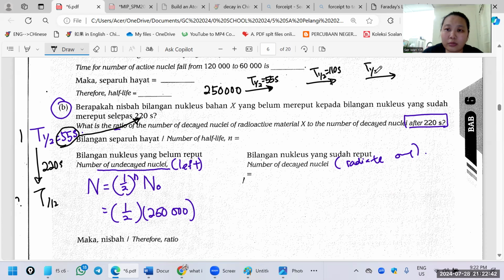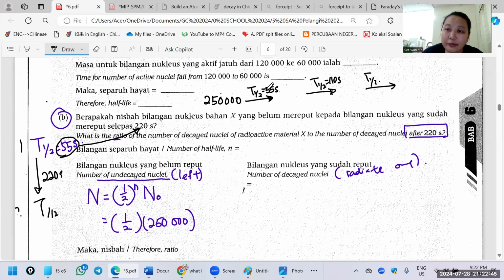Three half-lives would be 55 plus 55, 165. 4 is 220. You can see I got 4 arrows. Yeah, this is the series. I got 4 arrows means I got 4 half-lives. 55, 110, 165, 220.